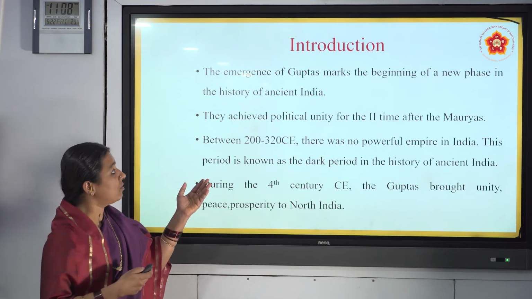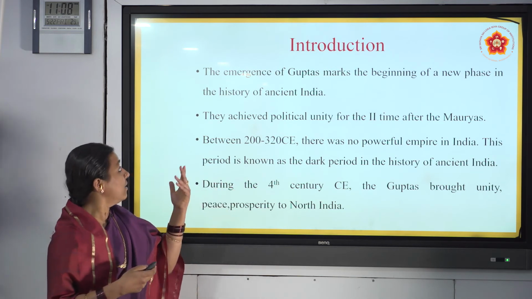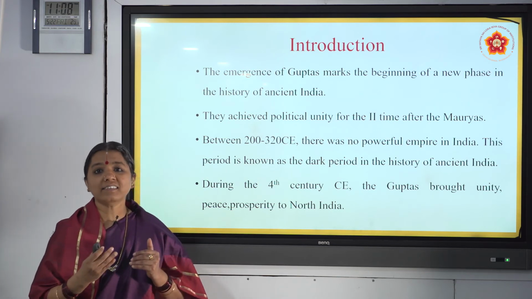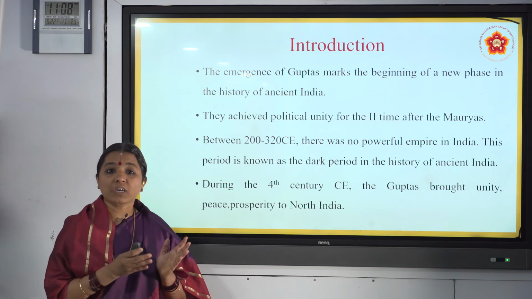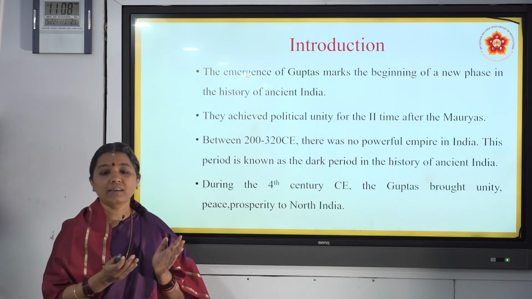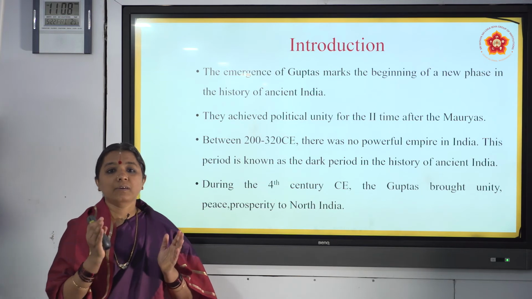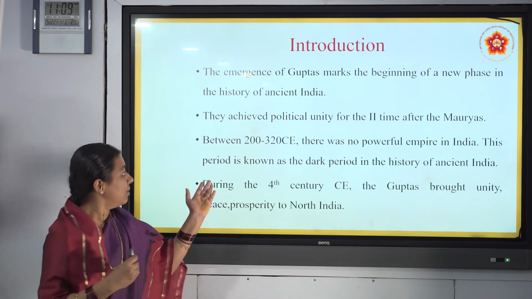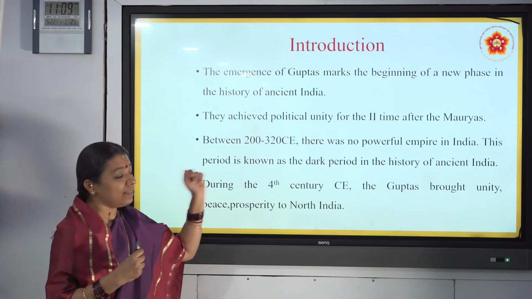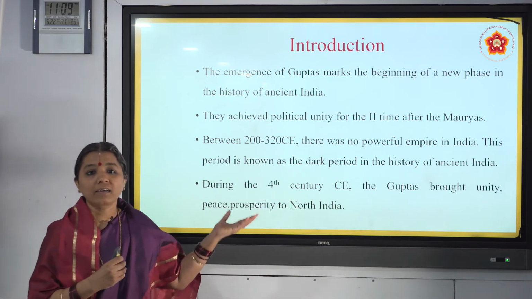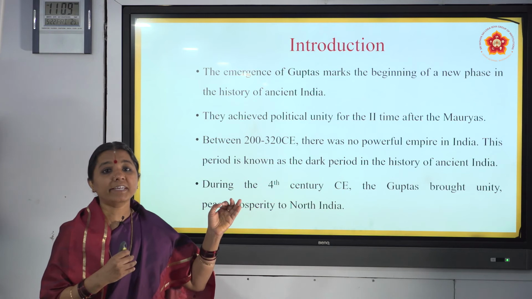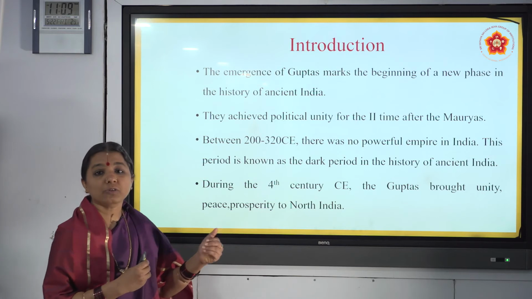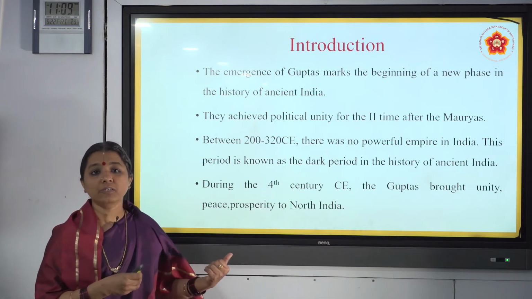We discussed how they began a new phase in ancient Indian history, and achieved political unity for the second time after the Mauryas, even though the Kushanas in the north and northwest India and the Shatavahanas gave some kind of unity for a brief period. After that, in the period between 200 and 320 CE, no powerful empire was there in India, and it was called the dark period of ancient India. And during the 4th century CE, the Guptas brought back unity, peace and prosperity to North India.